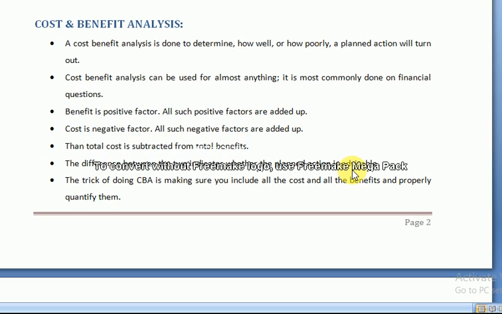We can also define it in simple words as a process used to measure the benefits of decisions or actions minus the cost associated with taking such decisions. Benefits minus cost.